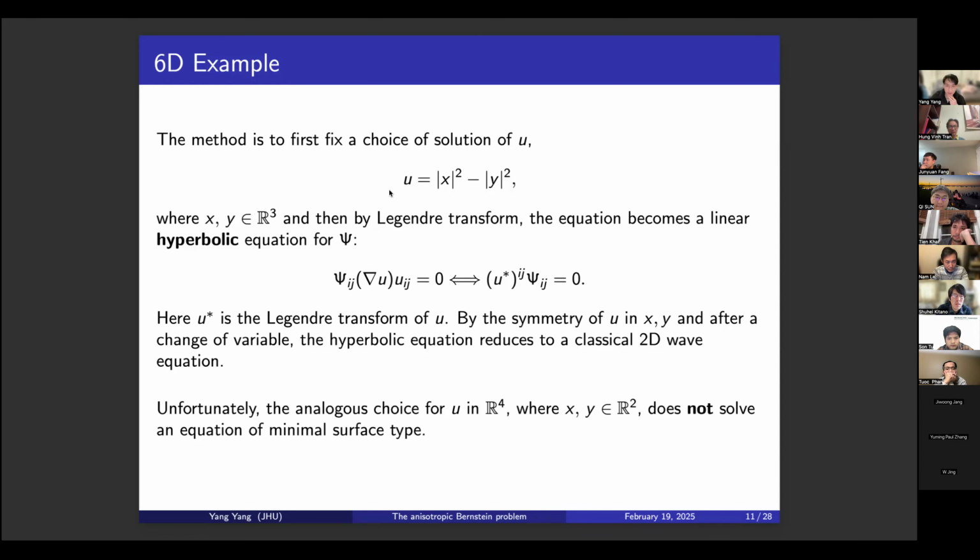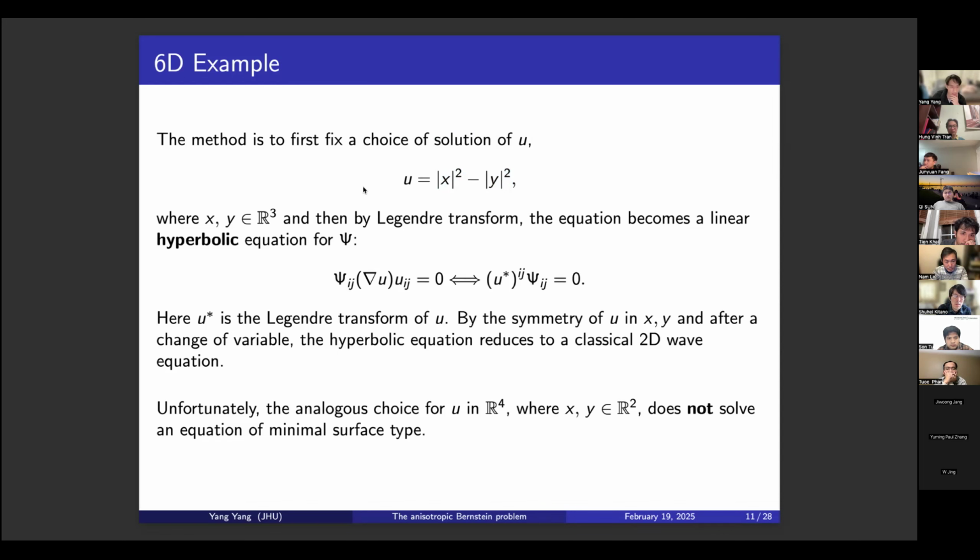He just chose the simplest possible example, x squared minus y squared. The reason he chose this as a candidate solution is that any solution to an equation of minimal surface type should be saddle shaped, and this one is saddle shaped.